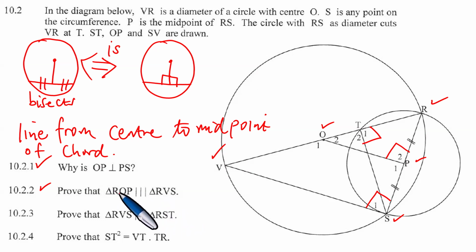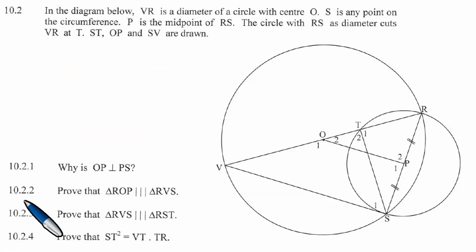So, let's take note of the triangles ROP and RVS. Those are the two triangles. You just need to establish the fact that triangle ROP and triangle RVS are equiangular triangles. So let's prove that part.